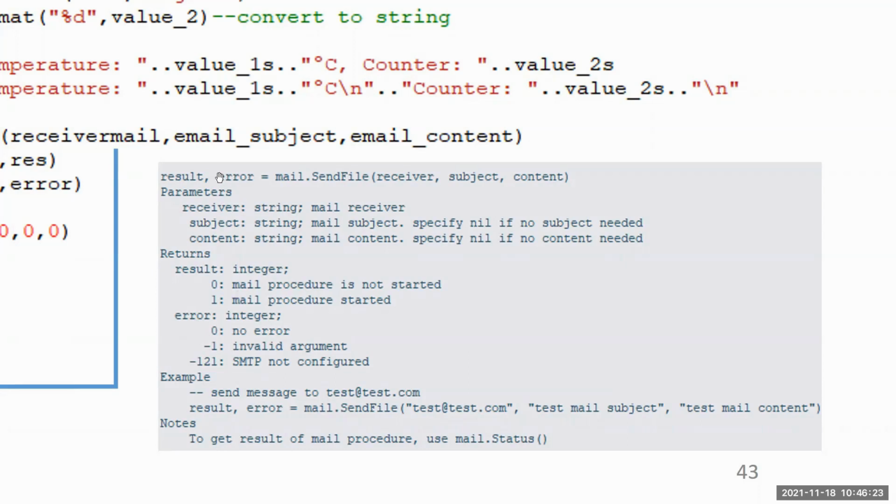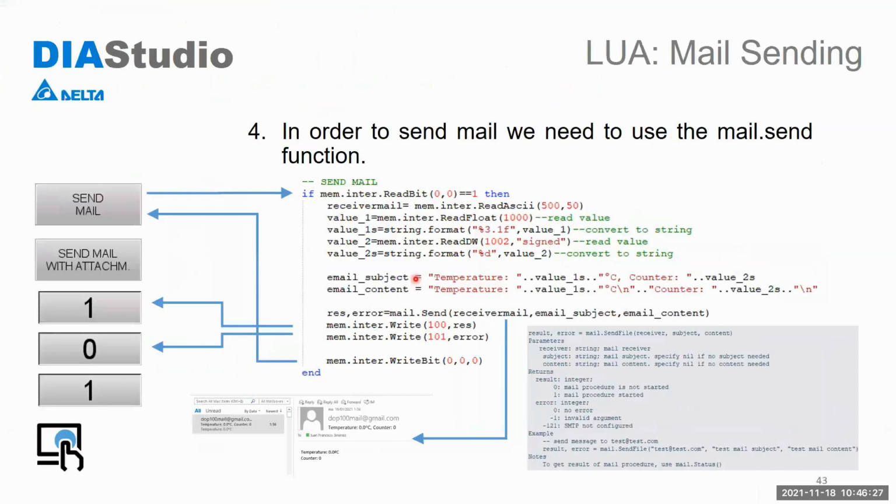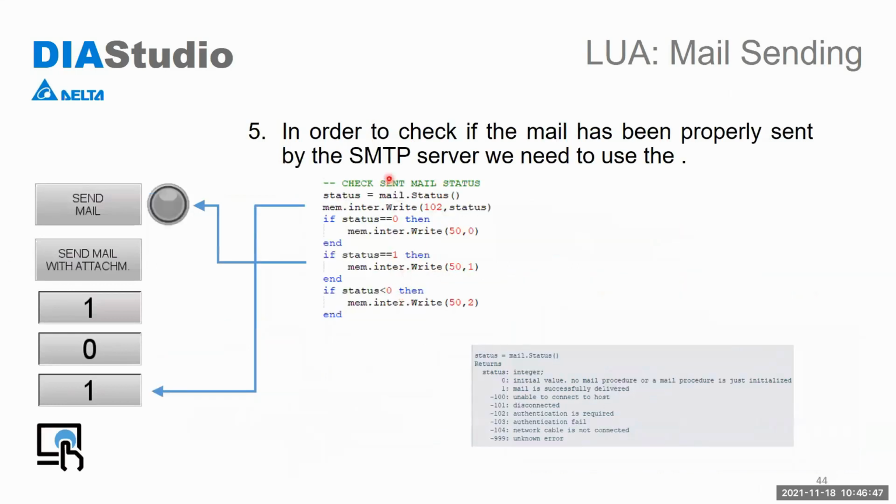but again, take into account that this function only refers to the part of sending the mail from .100 to the server. We still do not know if the server has properly sent the mail to the receiver. In order to know that, we need a second function, which is called mail.status. This is the one that will inform us of when the mail has really been sent to the receiver.